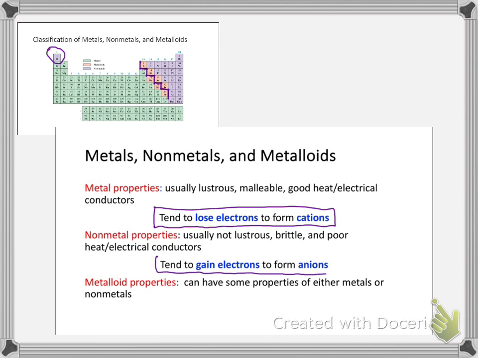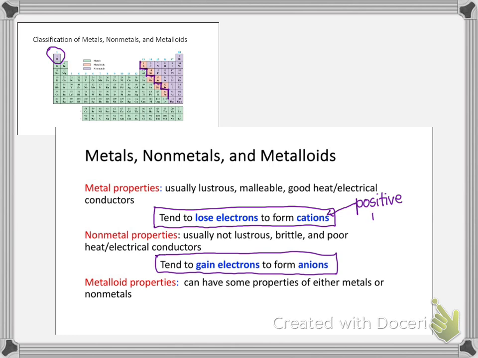As we begin to talk about bonding in future videos, I want you to try to start getting into your mind how metals and nonmetals are in relationship to their valence electrons. So metals tend to lose electrons to form cations, and cations are the word for a positive ion.